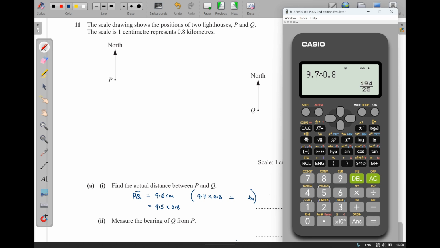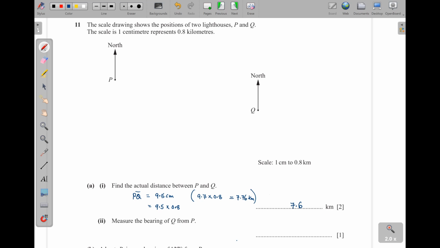But usually the paper they give you to do, when you measure, it gives you exactly what is in the marking scheme. But here we can have scale factors of reduction or enlargement, and then you find that instead of the 9.5, now I'm having the 9.7. You see that? So here it would give me 7.76.